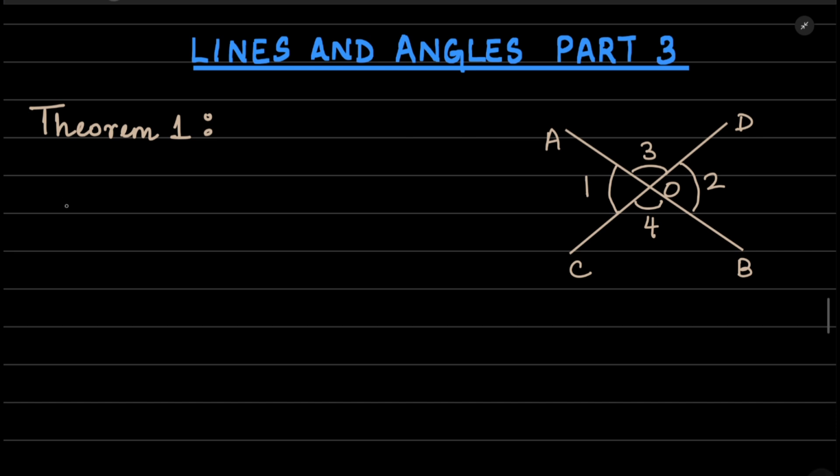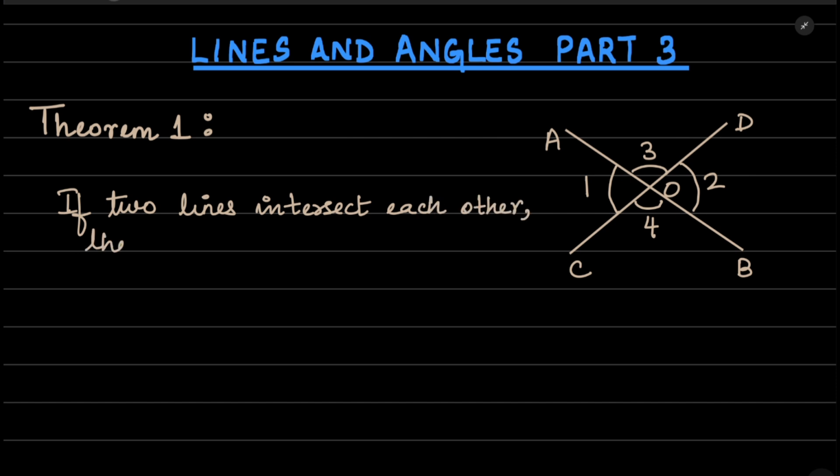So let me write it for you. So if two lines intersect each other, then the vertically opposite angles are always equal.